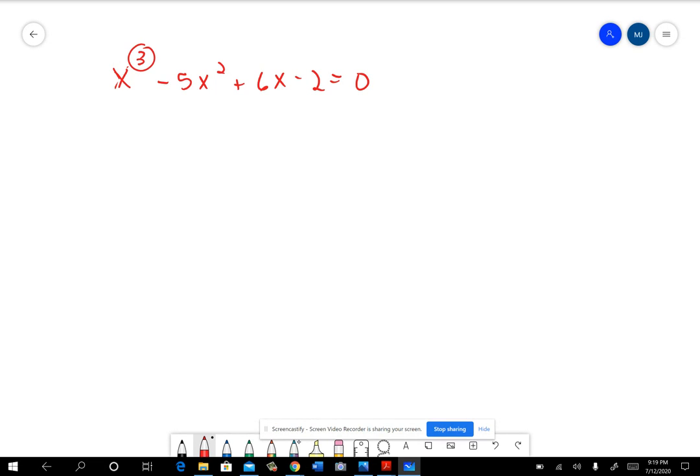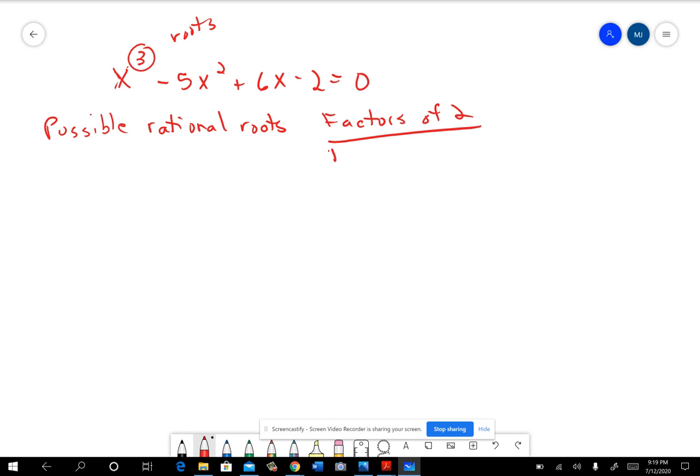I have three roots, so I know I need only one nice one to work, but nobody gave me a hint. So the possible rational roots, this is the rational root theorem here, come from factors of 2 over factors of 1.